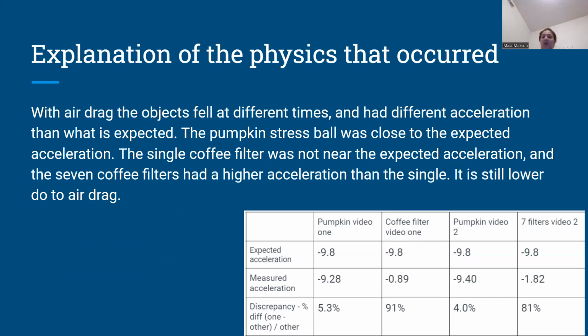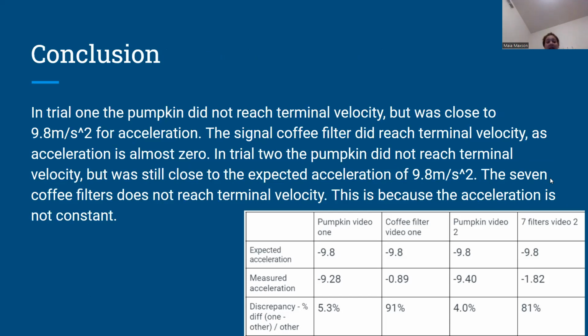The pumpkin stress ball was close to the expected acceleration, and the single coffee filter did not near the expected acceleration. And the 7 coffee filters had a higher acceleration than the single, but it was still lower due to the drag force. And in conclusion, the pumpkin did not reach terminal velocity, but it was close to the 9.8 meters per second squared for acceleration.